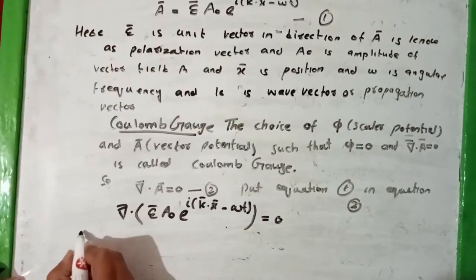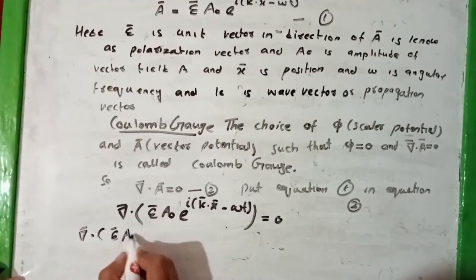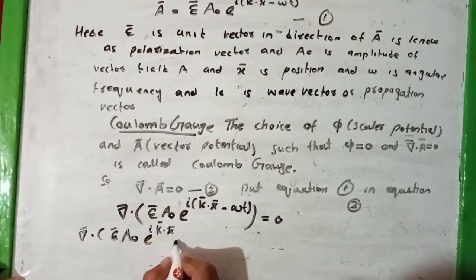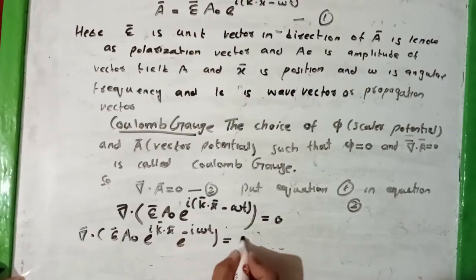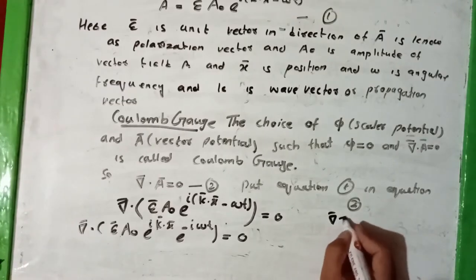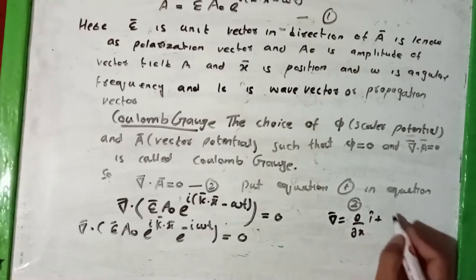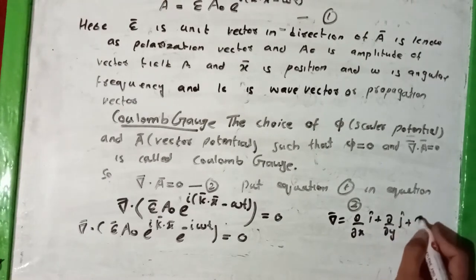This can also be written as del dot epsilon A naught exponent iota k dot x exponent minus iota omega t is equal to 0, and del is equal to partial over partial x i hat plus partial over partial y j hat plus partial over partial z k hat.